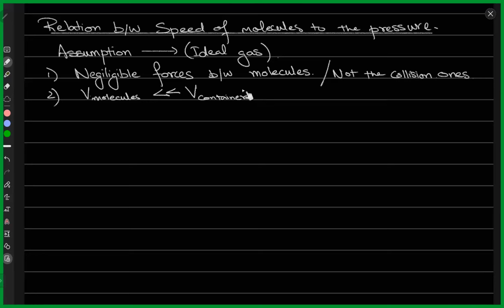These assumptions are pretty reasonable, by the way. The second assumption is also very reasonable because obviously the molecules are so small, and the box will be a very large volume. So we can make this assumption. It's sensible to do so.